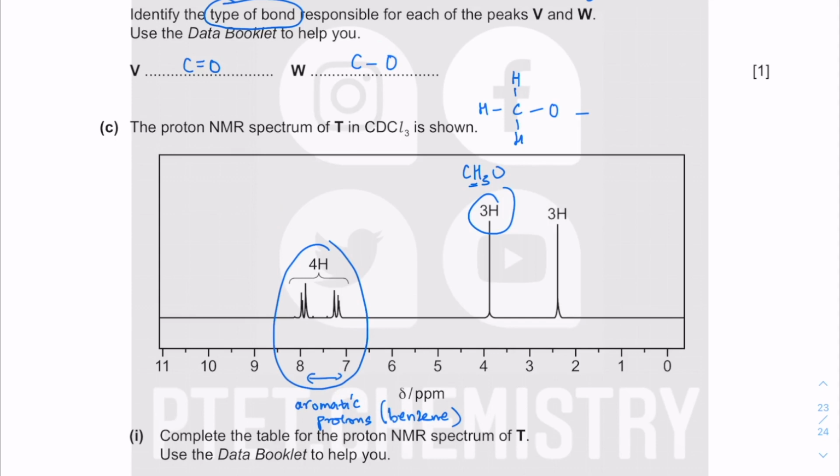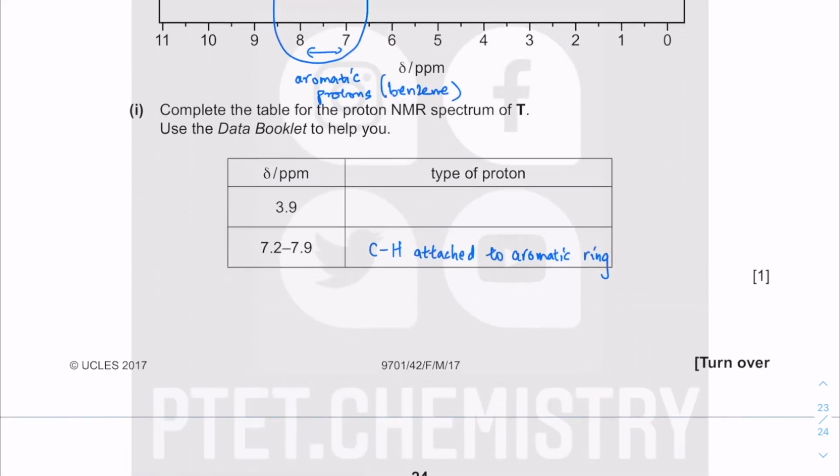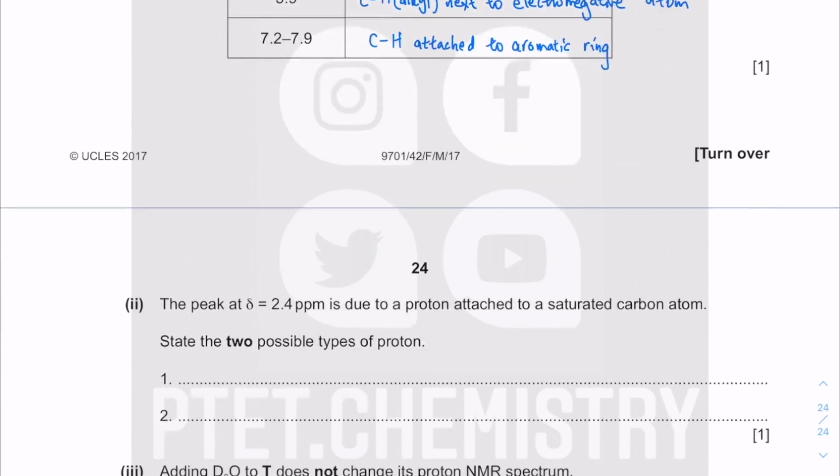So these three hydrogens are next to an electronegative atom. So this is a CH alkyl next to an electronegative atom. In this case, it's probably oxygen. Pretty stingy to give just 1 mark, alright?